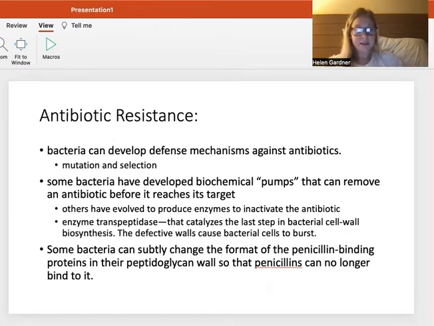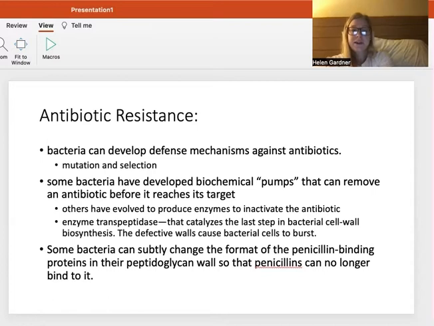And then, like other drugs, penicillin can undergo antibiotic resistance. Through mutation and selection, bacteria can develop defense mechanisms against antibiotics. Resistance happens when bacteria come in contact with antibiotics and survive. Mutations in their genes allow some bacteria to survive these antibiotics, and they pass these genes along to their descendants.